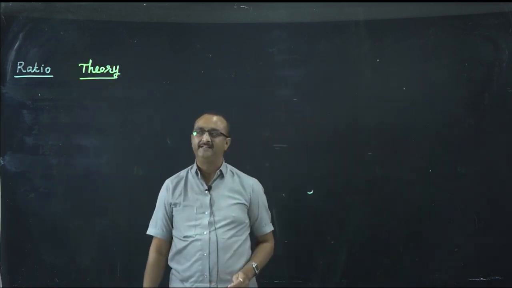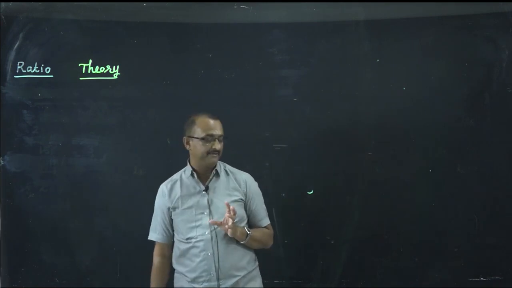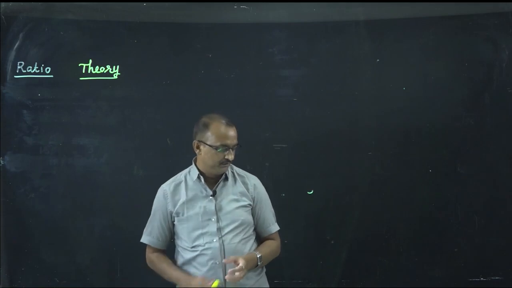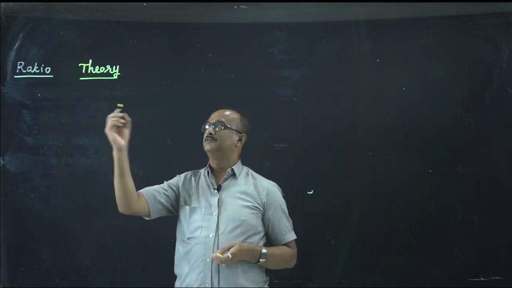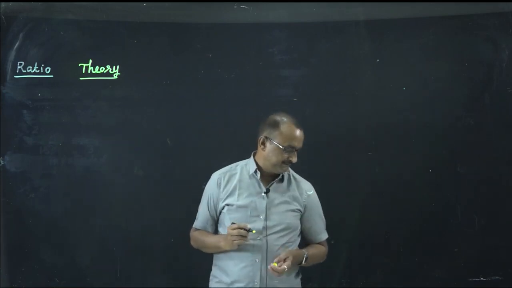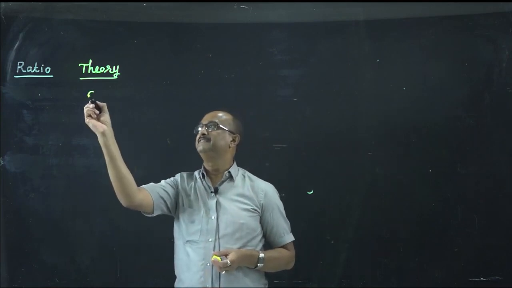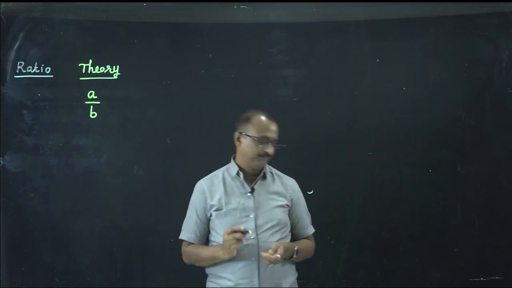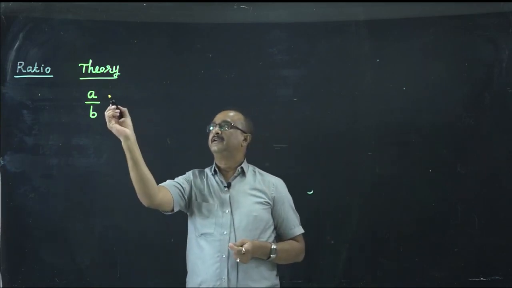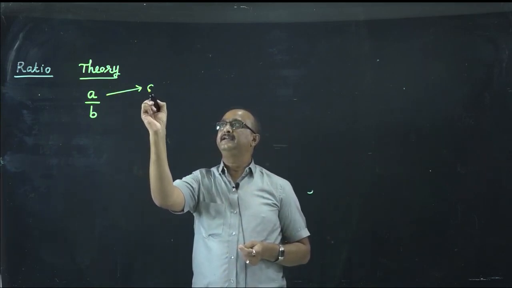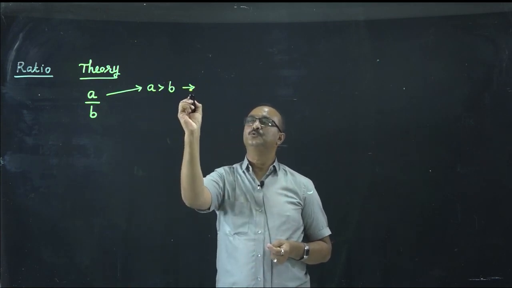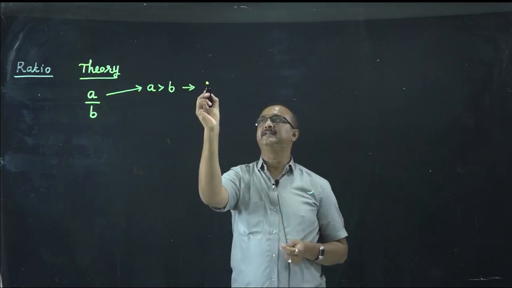Okay, now we are taking some theoretical points of ratio. See, some of the points are not given in our module. So concentrate here. If ratio is given in the form A by B or A is to B, and if A is greater than B, then it is called greater inequality.